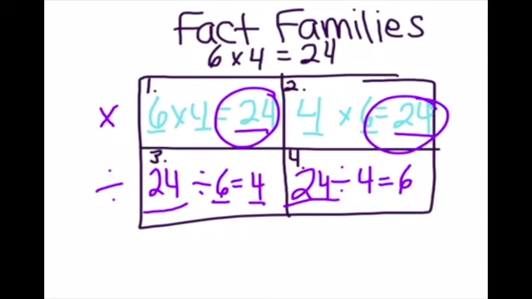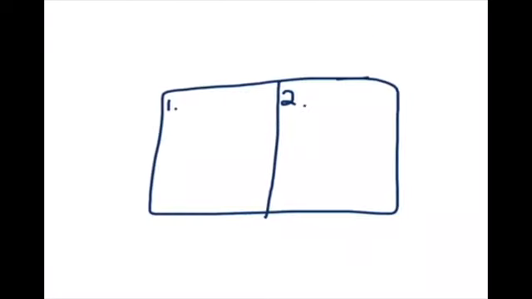So let me show you an example of why in a fact family you might not have 4 equations, and this will be the only time when you don't. The times when we would only have 2 facts in our fact family is if I have a doubles multiplication fact, like 3 times 3 equals 9.